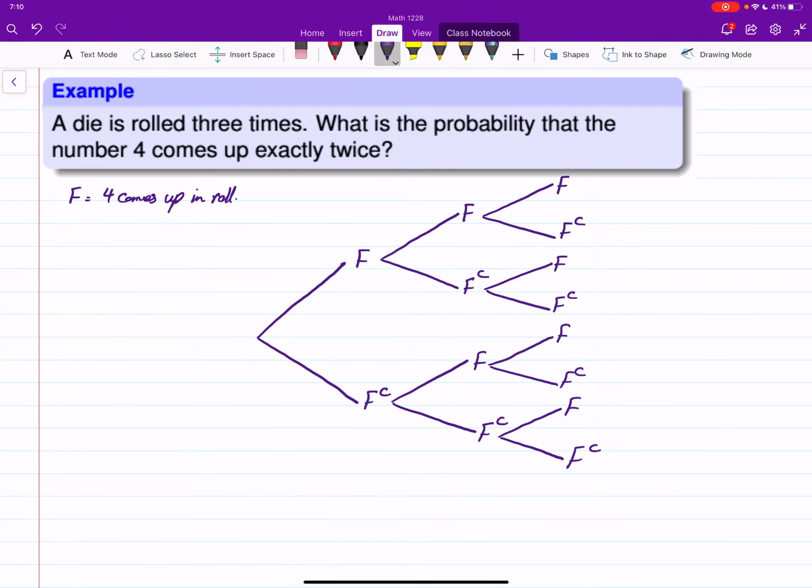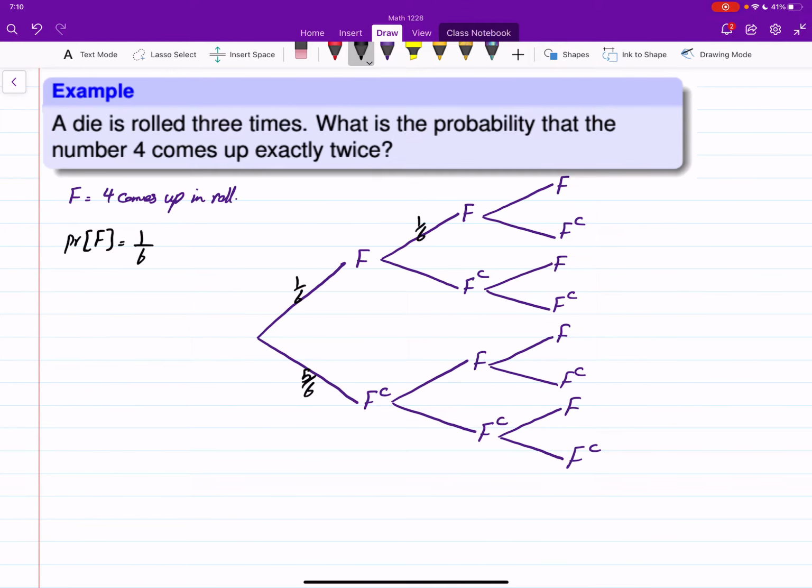Now, what are the numbers I have to put on the tree? Well, on each row we are interested in knowing the probability of 4, which is only one possibility out of 6. So this means that I will have 1 over 6 there, 5 over 6 down there.